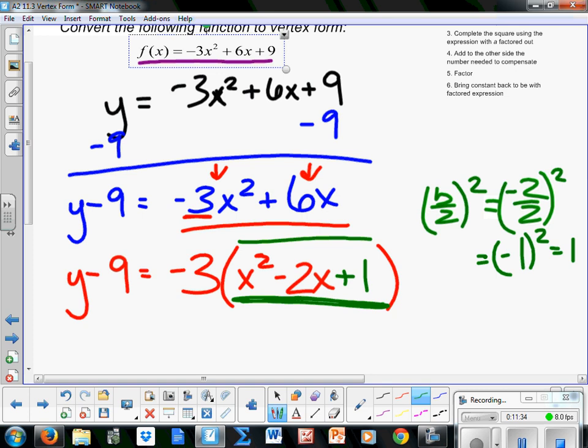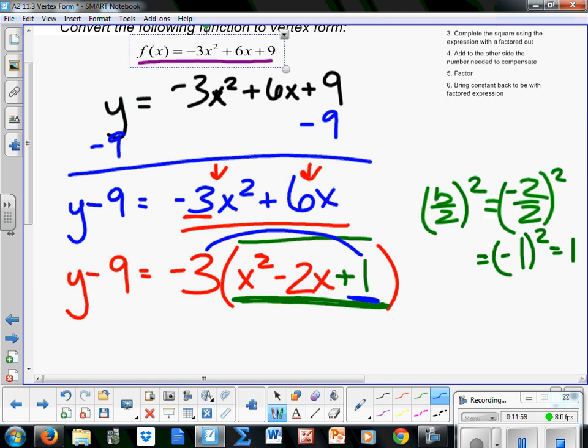Here, inside the parentheses, I added my 1. But when I add 1 inside here, what's also happening to that 1 is I've already factored out a -3. So if I were to re-multiply the -3 through, I would have -3 times 1, which is -3.